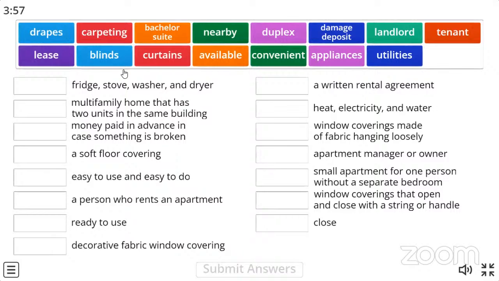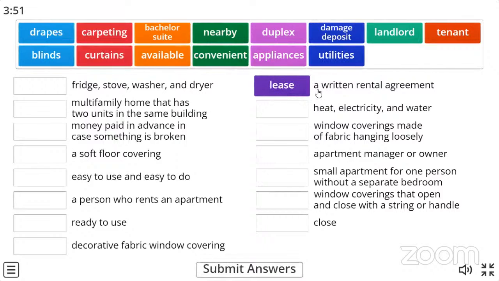No, this is utility. Utilities, right? Maybe.